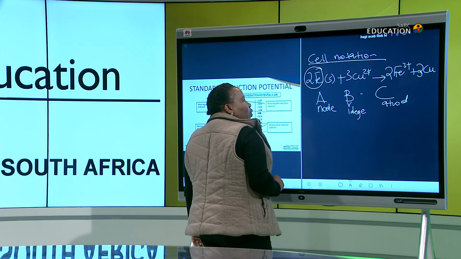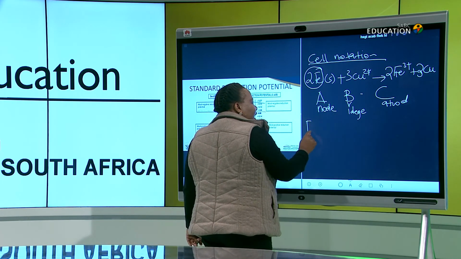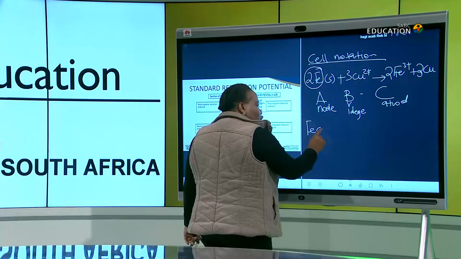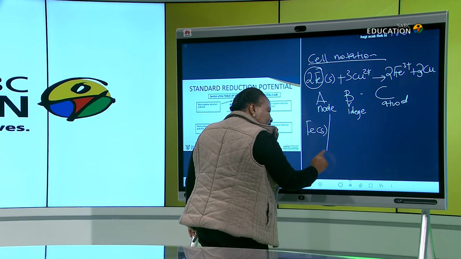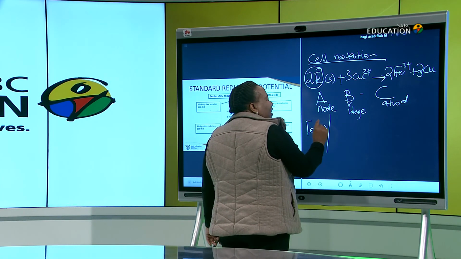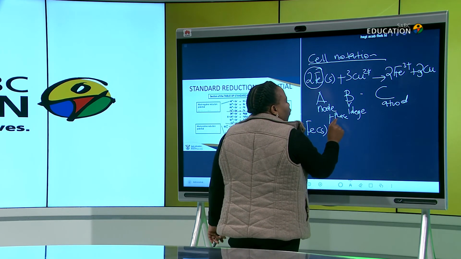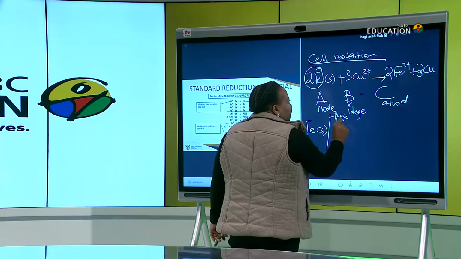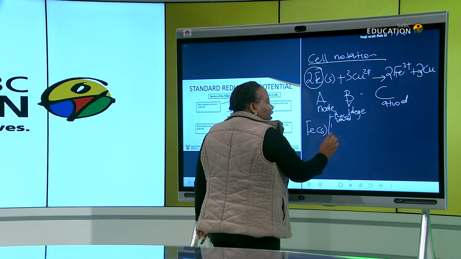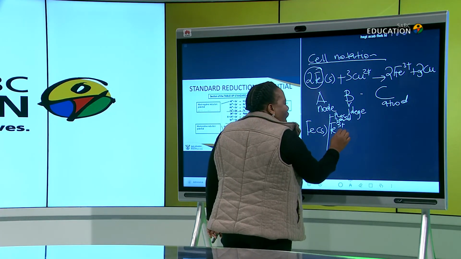When we write the anode side, we know it started with iron, which was a solid, and then we put a slash. What does this slash do? It's a phase boundary. It separates the two phases, saying this is a solid and this is an aqueous.